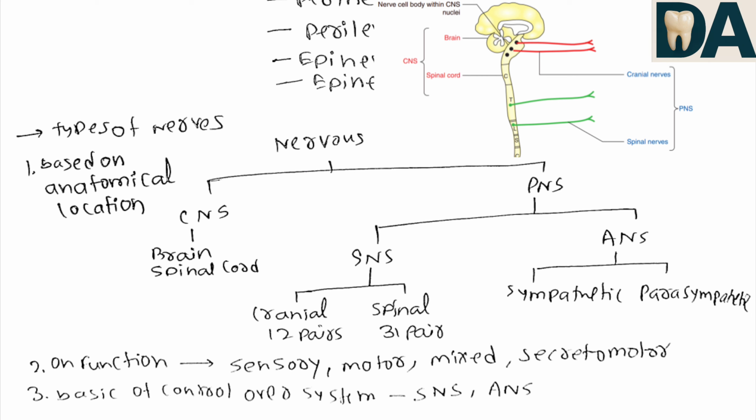Somatic nervous system has two types of nerves. One is spinal nerves, 31 pairs of nerves arising from the spinal cord, and cranial nerves, 12 pairs of cranial nerves arising from the brain. Autonomic nerves are of two types: sympathetic nerve and parasympathetic nerve.